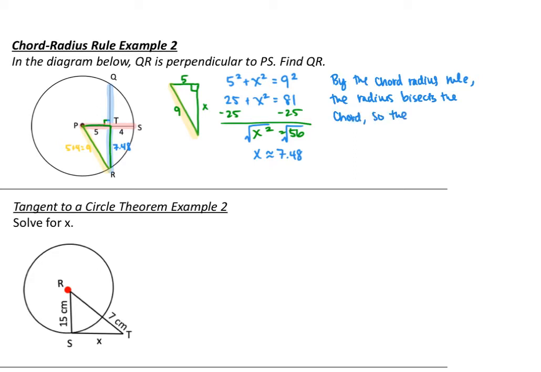So the length of the chord QR is equal to 7.48 times 2. So QR is 14.96. And there's my answer.